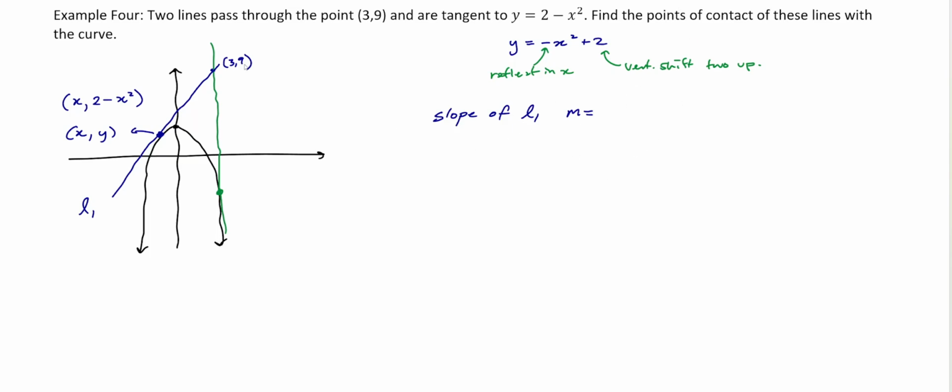So y2, we'll say, is 9. And y1 is going to be this value right here, but remember this y value, I can restate as 2 minus x squared. So 2 minus x squared. And then x2 is 3, and x1 is just this x value right here.